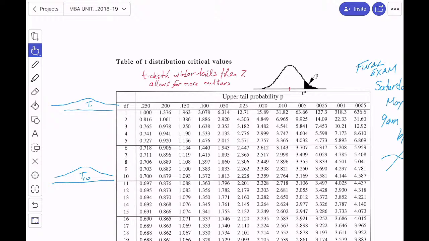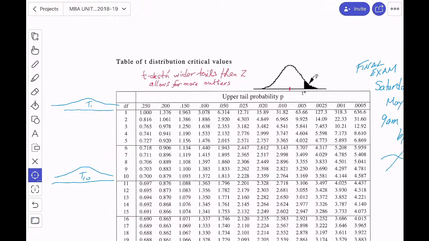Notice these numbers are increasing this way and the probabilities are getting smaller.